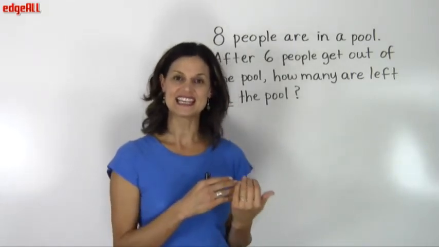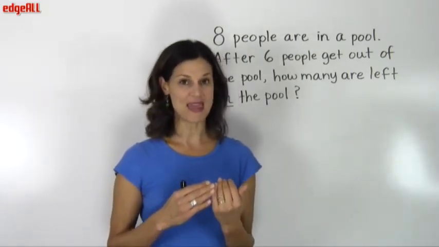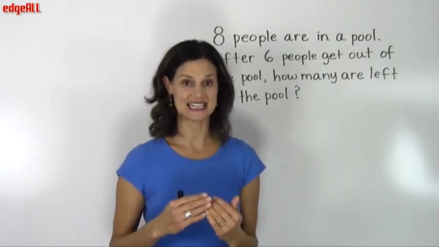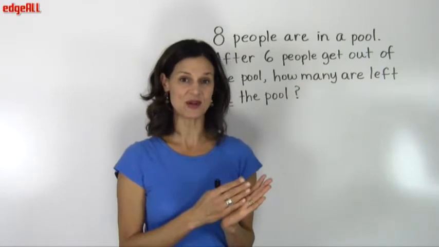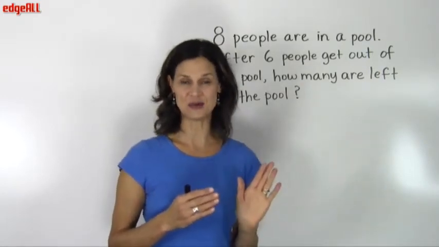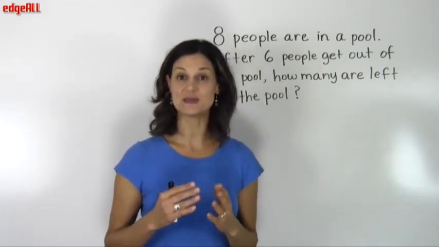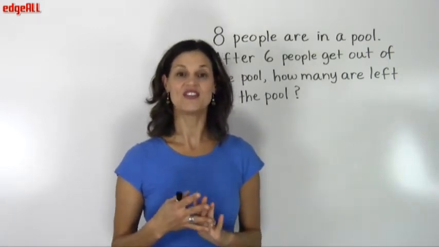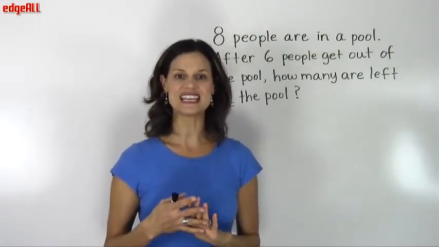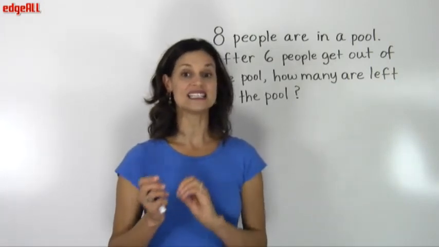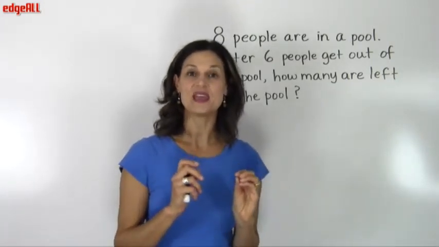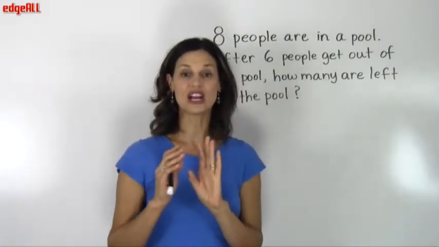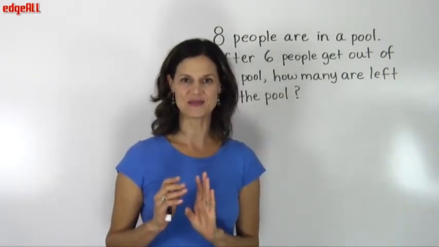In this case, the number of people remaining in the pool will be less than 8, because 6 people have already left the pool. So this is a subtraction or difference problem. To find the answer, we will need to subtract or take away the people who got out of the pool from the people who were in the pool initially.